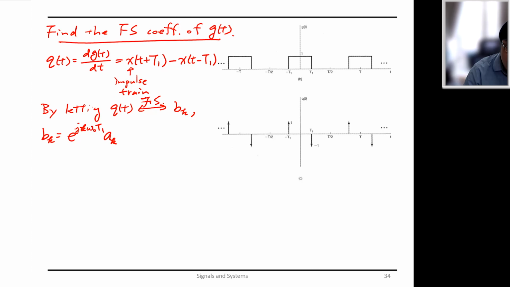And similarly for the second term, I have a phase shift e to the minus j k omega naught t1 times ak again.